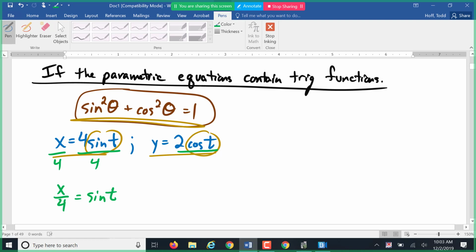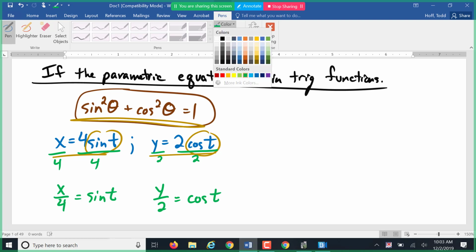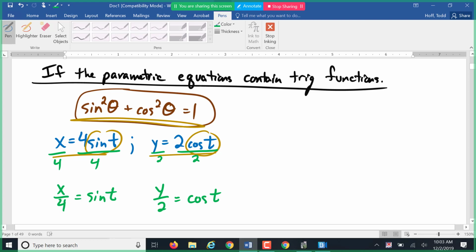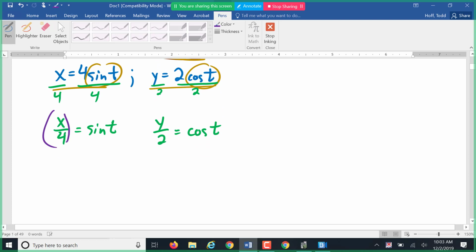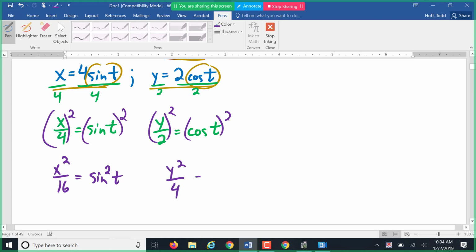This one I'm going to do the same thing by dividing by 2 on both sides to get y over 2 equals cosine t. And now, for each of these, I'm going to square both sides. So x over 4 squared is going to be x squared over 16 equals sine squared of t. Over here, if I square both sides, y over 2 squared is y squared over 4 equals cosine squared of t.